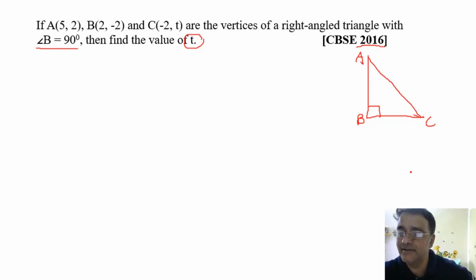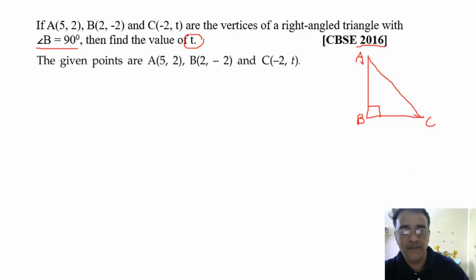Say it again. Repeat. AC square is equal to AB square plus BC square. Okay, very good. So since everything is in square, we will write in square here only. Whatever distance we are going to find, we will write in square only. We don't need to write the square root. So first we will find AB square.